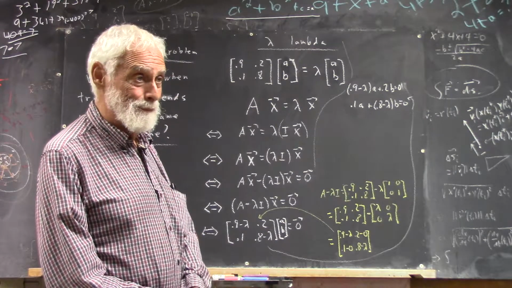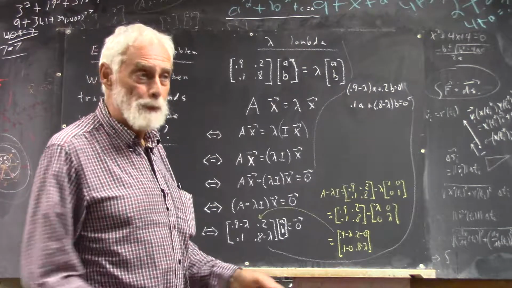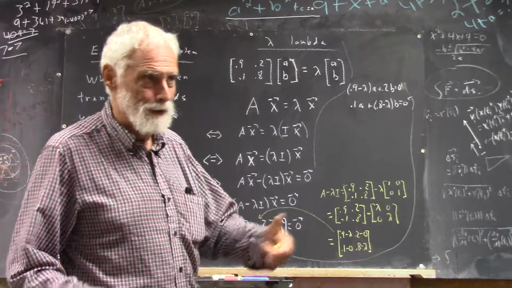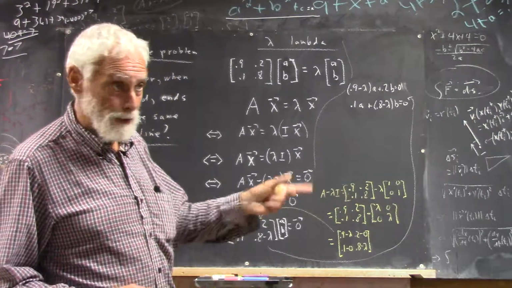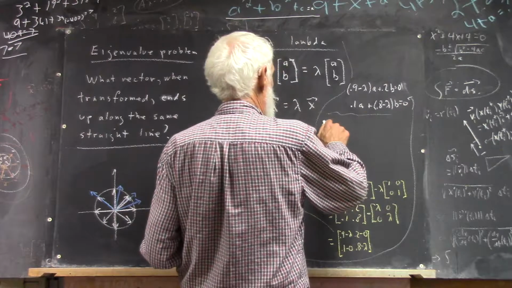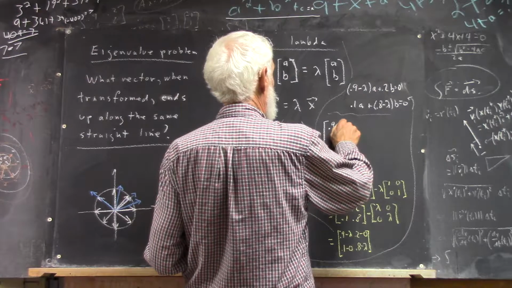Now, if we had more machinery, if we'd done determinants, there's a really easy way to do this. But what we're doing is equivalent to it, and when we see it later, I'll bring it back to the analogy here so you understand the whole thing a little more deeply. It's not just magic.